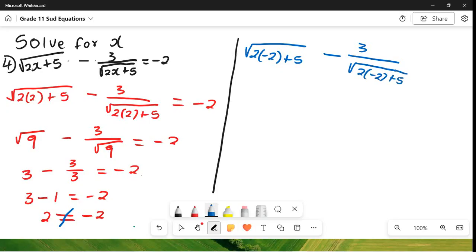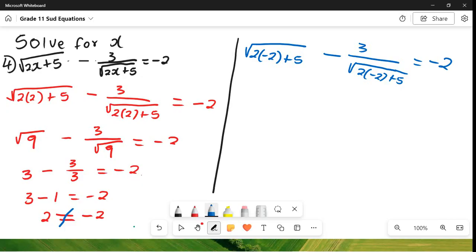The square root must cover everything. And this must be equal to -2. If it's not equal to -2, then we will have gotten wrong values of x, or right values of x which cannot give us a real root.